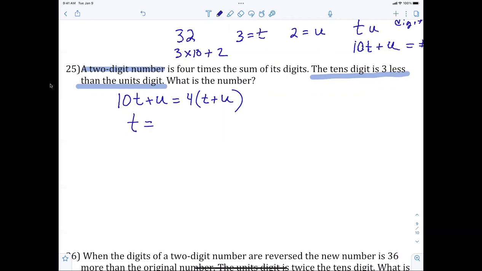Guys, come on. No, the tens is less than the units. So it's going to be t equals u minus 3. Yes, minus. Yep. What, Oliver, what does less than mean? What does less than mean? It means there's less than, so that means the units would have 3 more. So why is it minus?